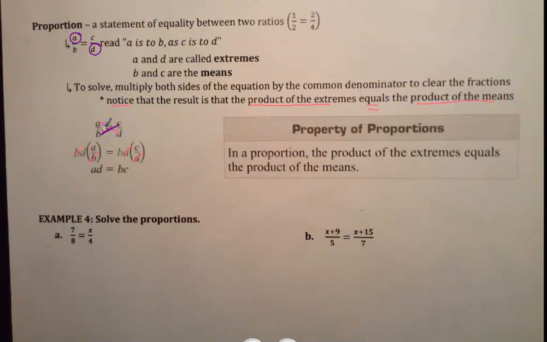This is the property of proportions. In a proportion, the product of the extremes equals the product of the means. That's how we can always solve them. It's a super helpful way to solve proportions. Sometimes you can look for patterns, but this is the easiest way.